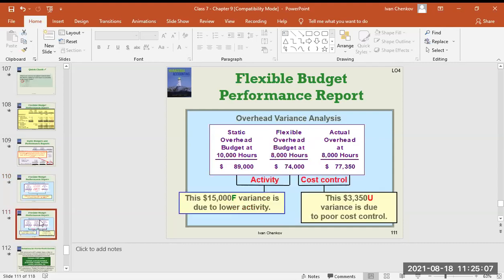But if we want to do more analysis, we have to convert the static budget into the flexible budget and then compare the flexible budget with the actual results. From the static budget to the flexible budget, the difference will be level of activity. We can use it for the activity. But for the flexible budget and the actual, we can use it for cost control.